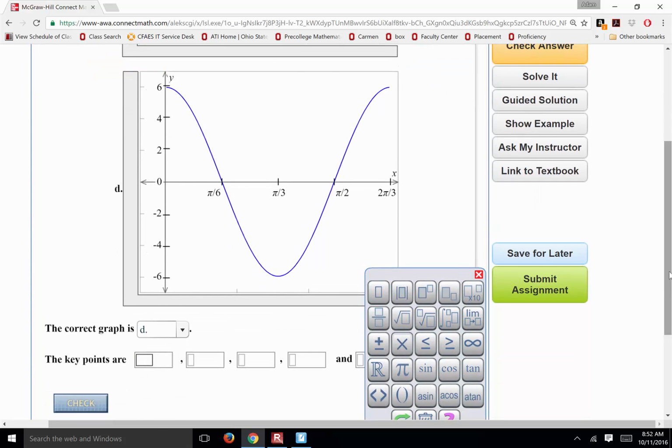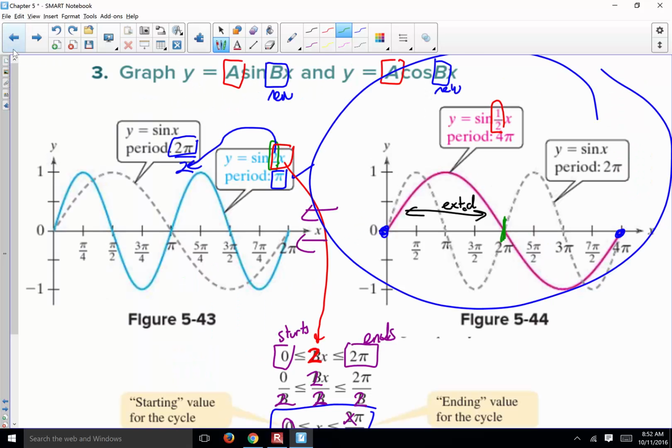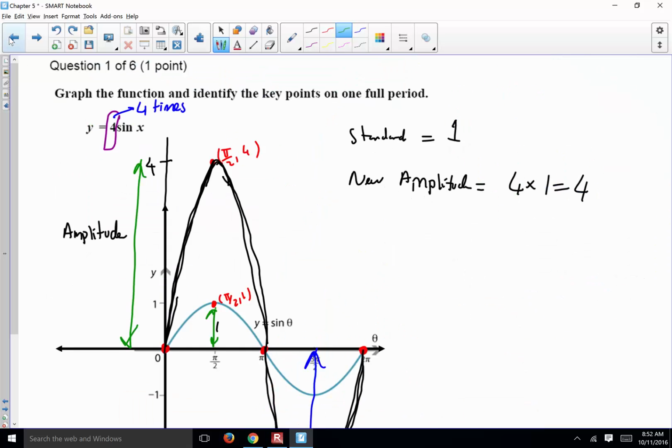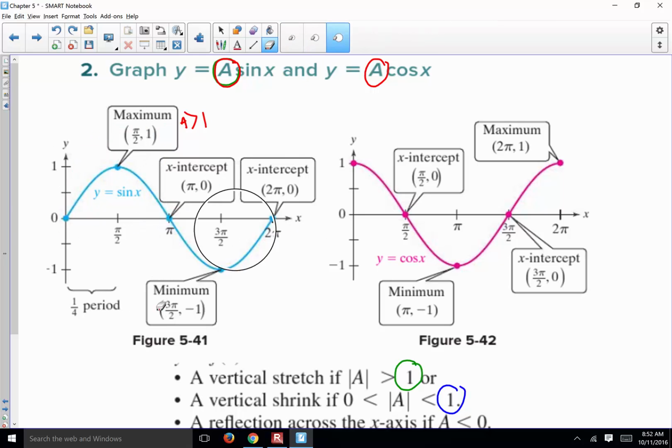I didn't mention this, but they are asking for these key points here: maximum and minimums. These are asked: 1, 2, 3, 4.